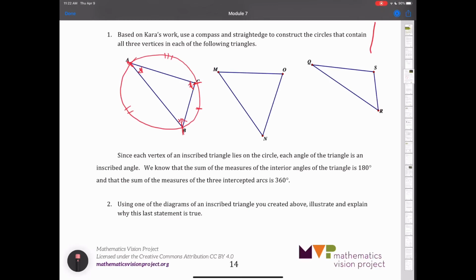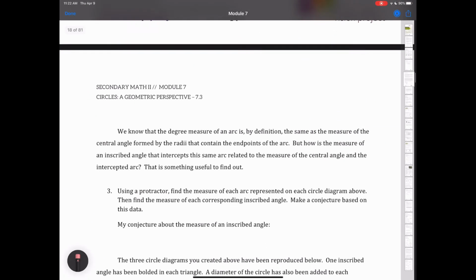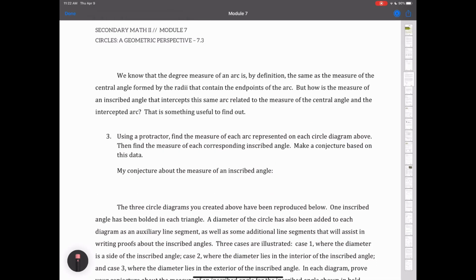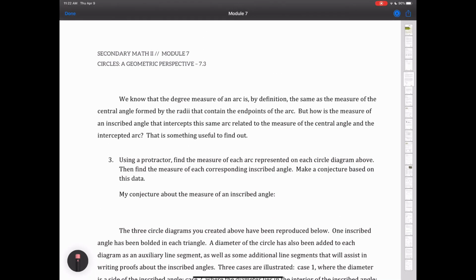Now, we can make an interesting statement based on this. We know that the degree measure of an arc is by definition the same as the measure of the central angle formed by the radii that contain the endpoints of the arc. Let me give you a quick example.